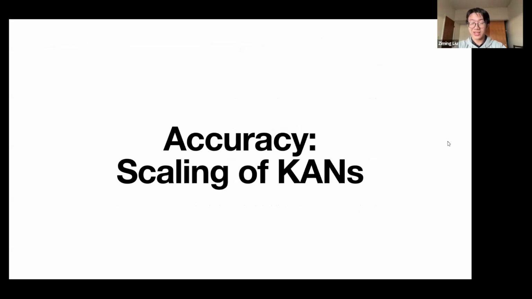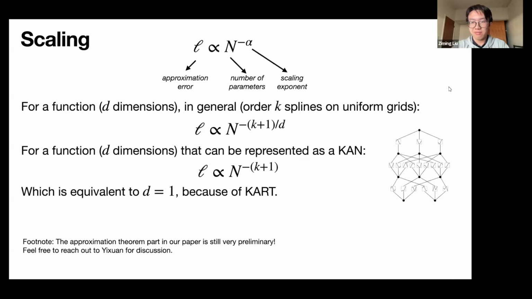So what are the properties of KANs? The first property I want to mention is scaling. People have talked a lot about scaling behavior of a method, either in applied mathematics or in large language models, used in different contexts.